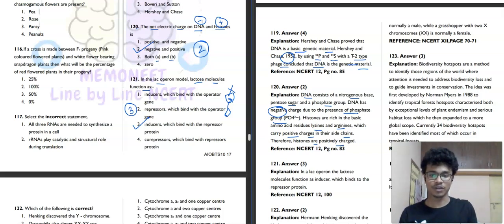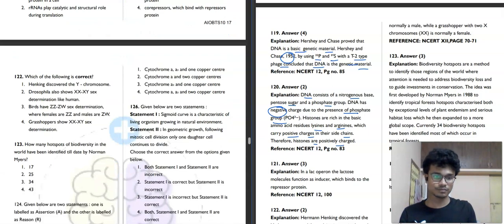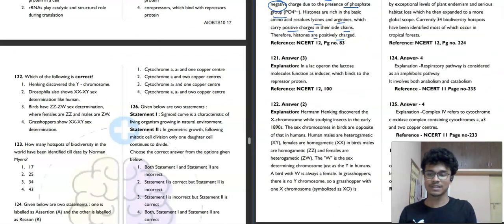Moving toward the next question, 122. It is saying, which of the following is correct? Henking discovered the Y chromosome. Drosophila also shows XX, XY sex determination like humans. Birds have ZZ, ZW sex determination, where females are ZZ and males are ZW. Grasshoppers show XX, XY sex determination.